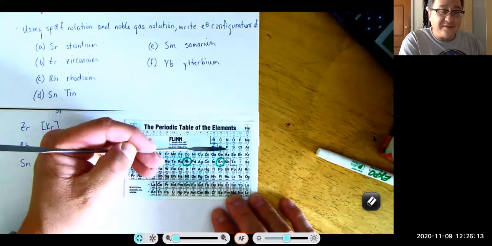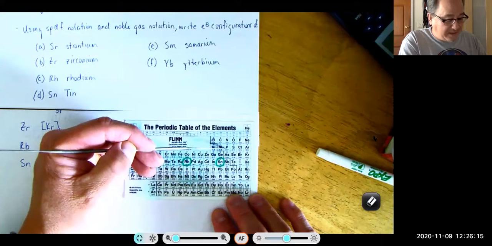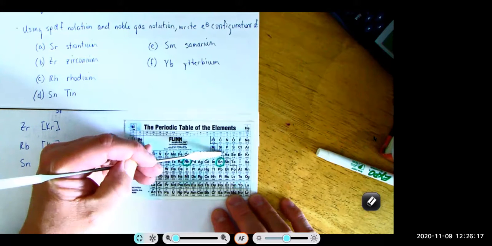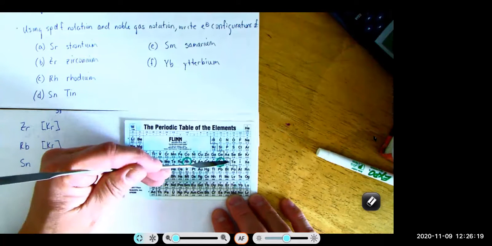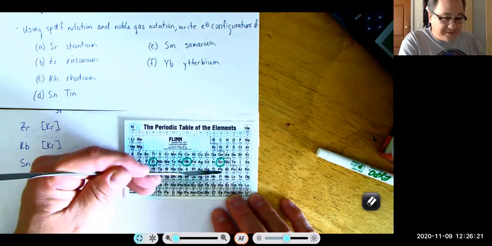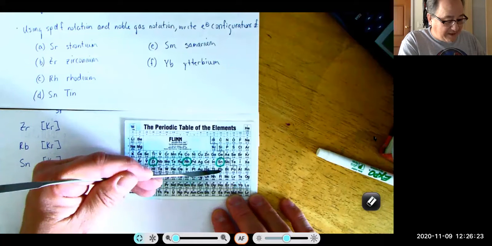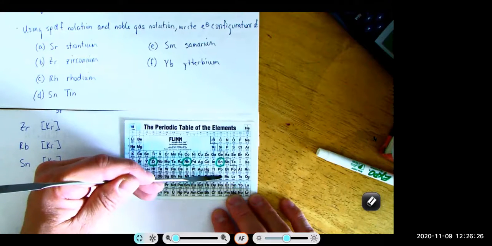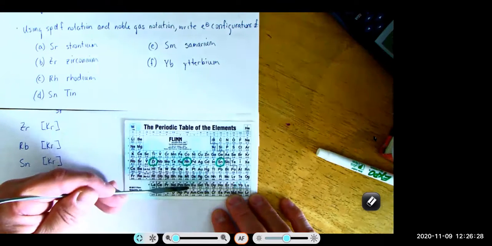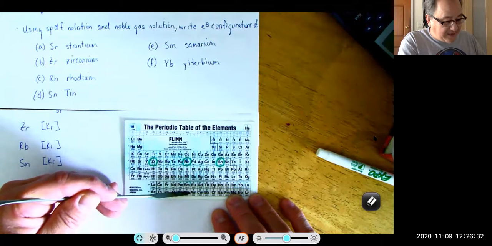How about here? 3p. How about here? 4p. 4d. How about here? 5p. How about here? 6p. 6d. How about here? 7p. How about here? 4f. How about here? 5f.